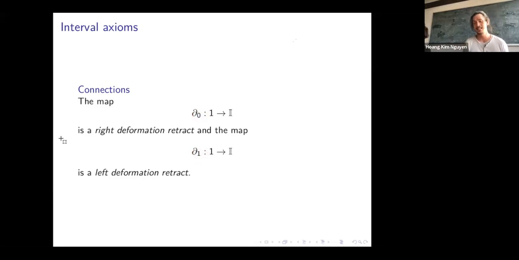Okay, so that will be another axiom. So in other words, let's just write this out. This has final and initial object.